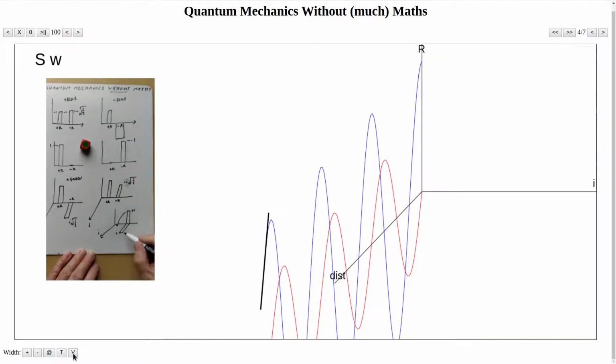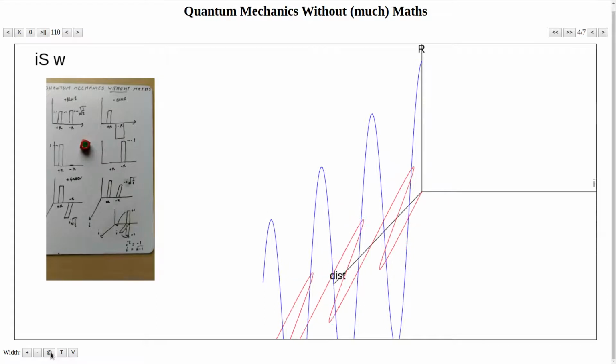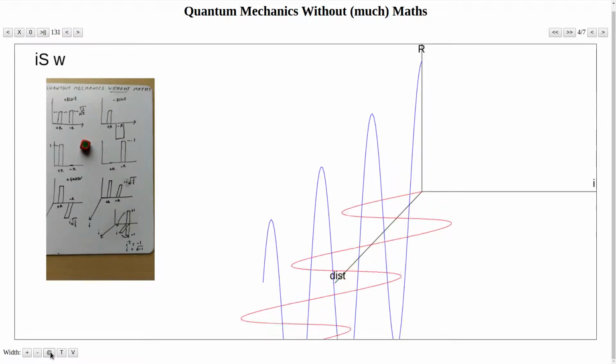We're going to use I again. This time we apply our slope operator to give us the red curve, but then we multiply the result by I. This rotates the entire curve.